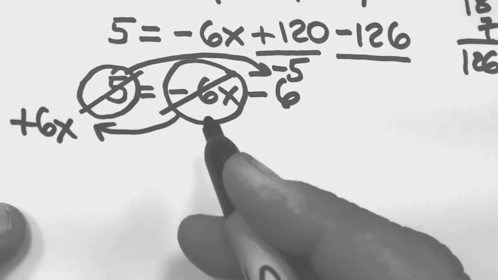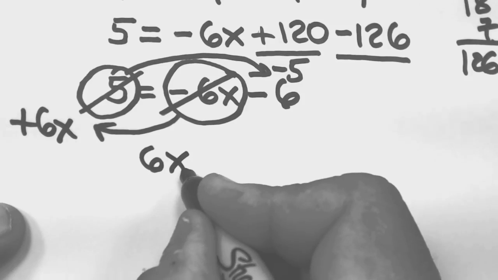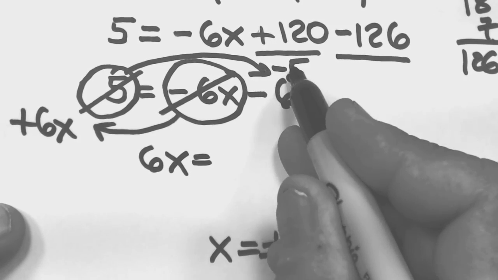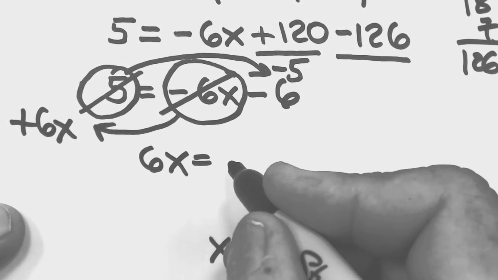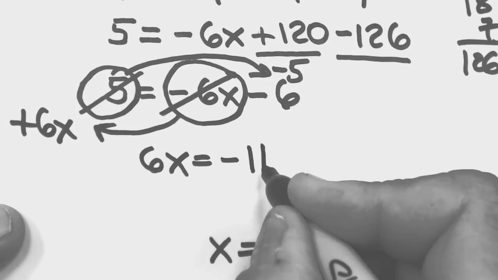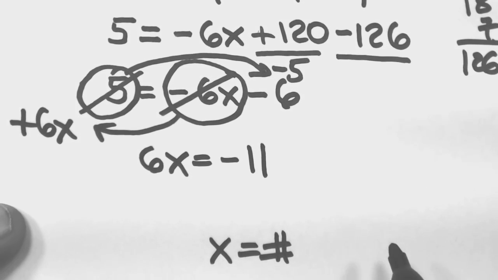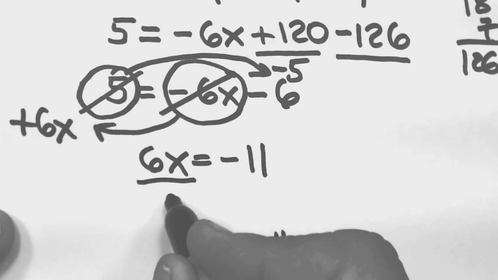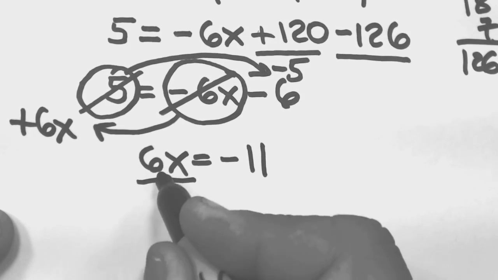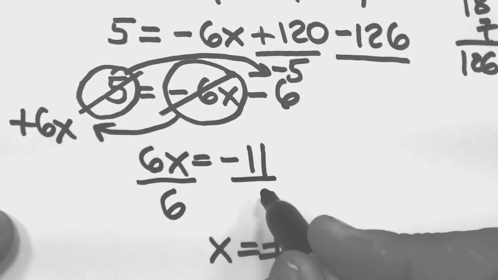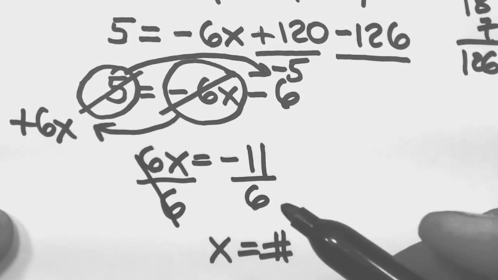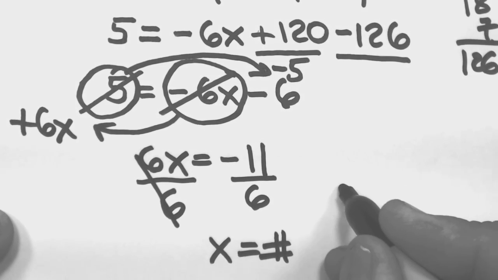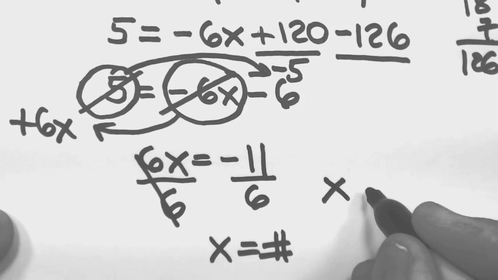Now on the left side, all I have is a positive 6x. And on the right side, both of them are negative, so that's a total of negative 11. Okay, divide both sides by 6, because I've got to get rid of the 6 times for the x, so here it is. The 6's cancel out. I'll write over here what the answer is, again, where I've got some room.